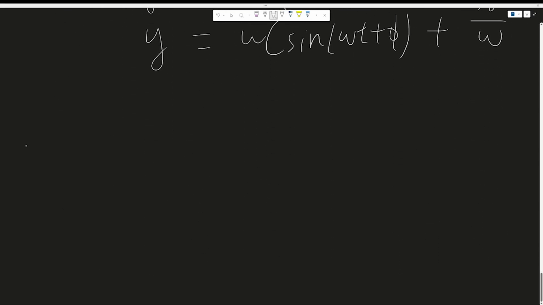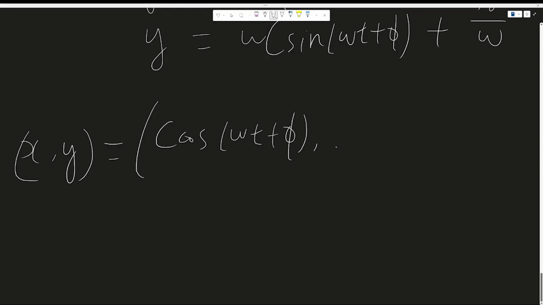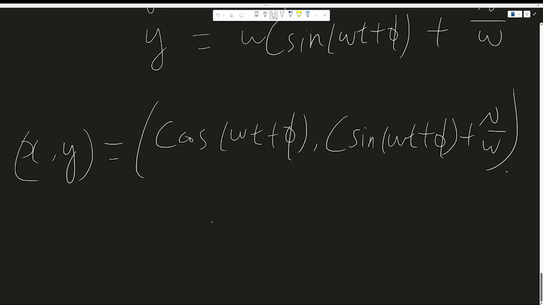And so now our solutions are x and y. So the coordinate is c cosine omega t plus phi, comma, c sine omega t plus phi plus v over omega. And so this is our solution.